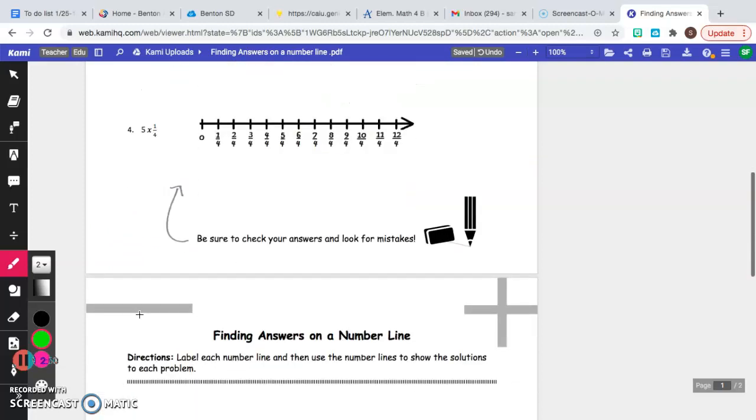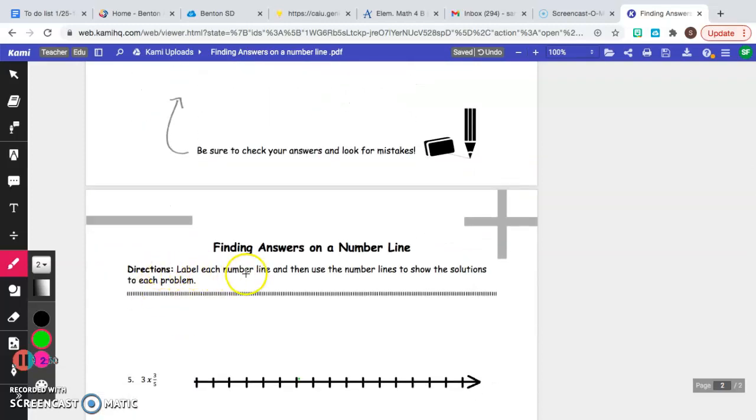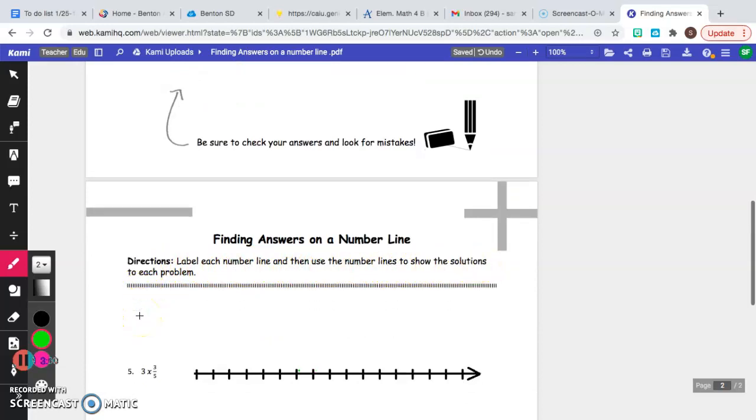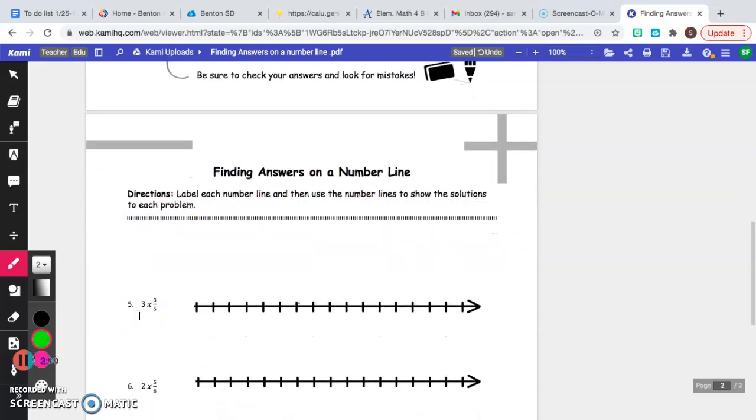Look here. It says label each number line and use the number line to show the solution to each problem. This is a little tricky. You can try to label your number line, but I've tried to write it underneath and it makes it hard. So I'm definitely going to label a 0, and I would like you to do that for the next 2.